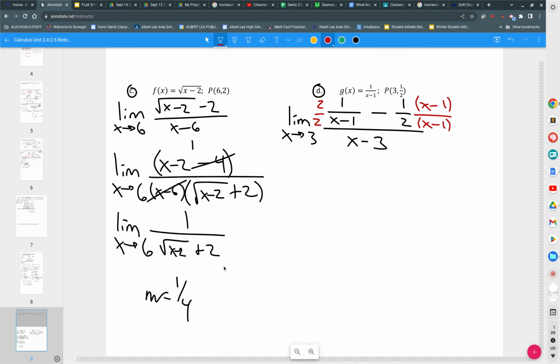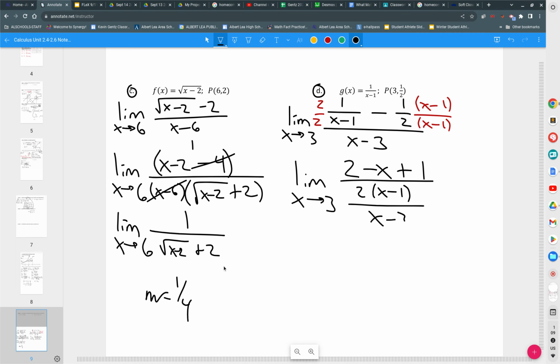Here's where you get sloppy. Stop being sloppy. Take care of those negatives in the subtraction. They come up all the time in calculus. Be aware of your negatives. I have 2 and then what? Minus x plus 1, because you're distributing the negative all the way through, over 2 times x minus 1, all over x minus 3 over 1.